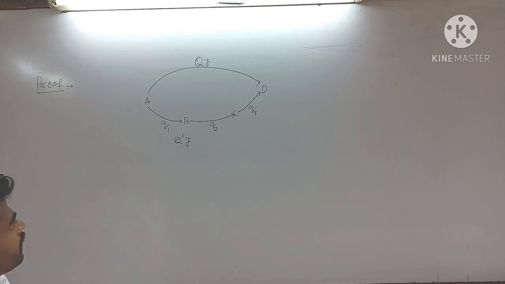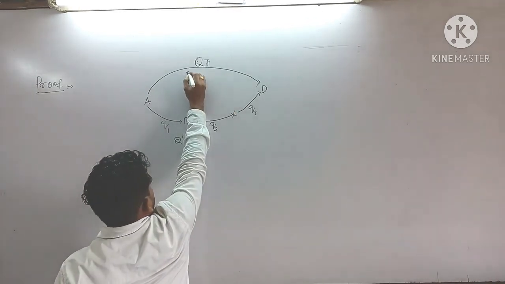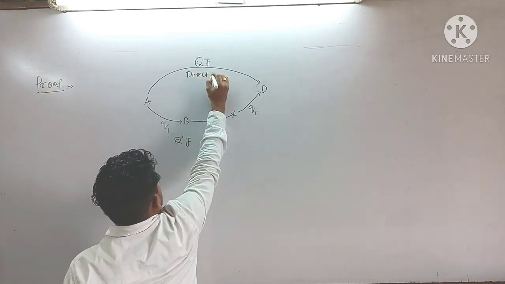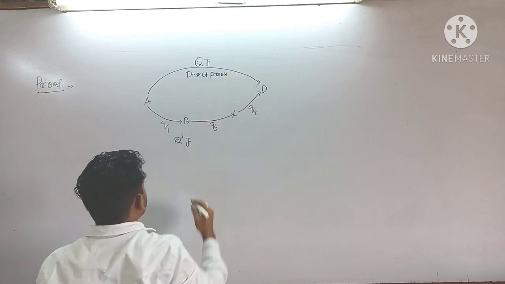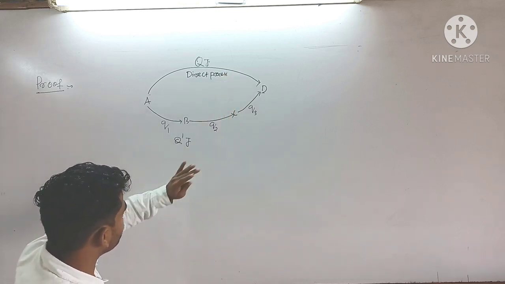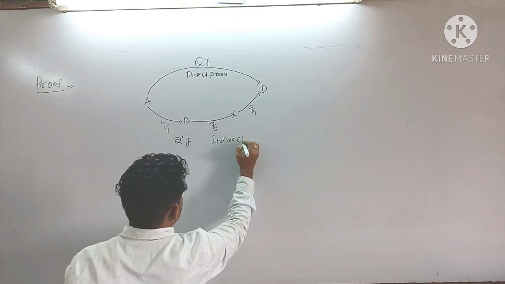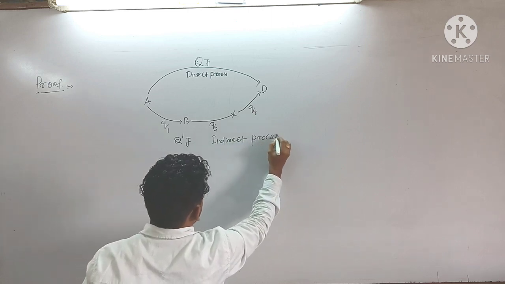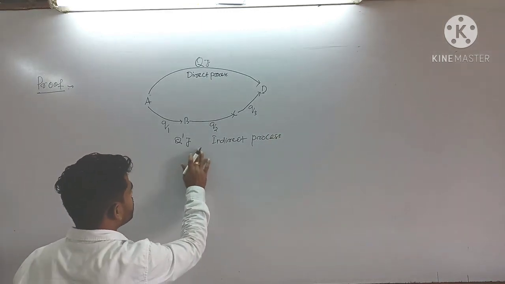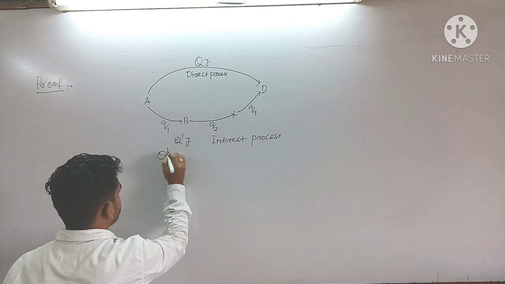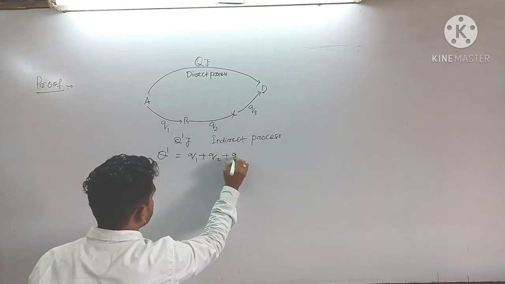Let's say from A to D, that is a direct process. And here from A to D, again the same reaction, that is an indirect process. So in the indirect process, the amount of energy evolved, that is Q dash, is equal to Q1 plus Q2 plus Q3.